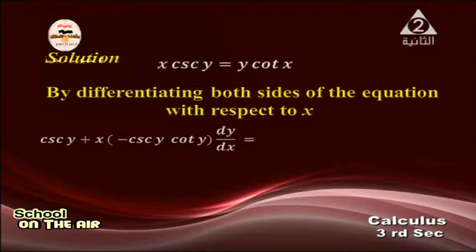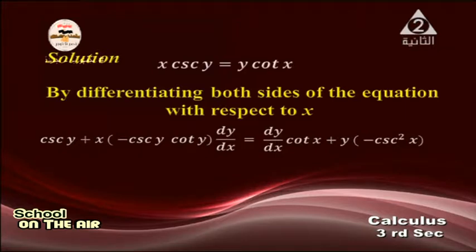On the right hand side we have a product of two functions, y multiplied by cotan x. The derivative of y with respect to x is dy/dx, multiplied by cotan x, plus y times the derivative of cotan x with respect to the variable x, which is negative cosec²x.